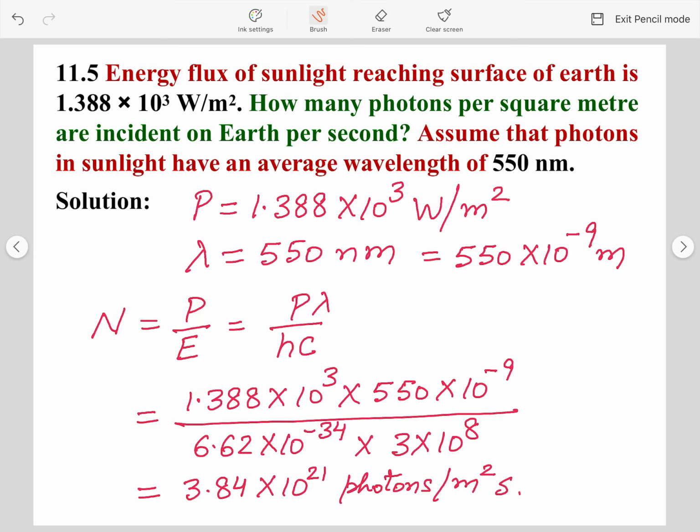Okay, so as it is 3.84, the number will not be in fraction, so we can write 4 into 10 raised to power 21 photons per meter square per second. Is it clear?